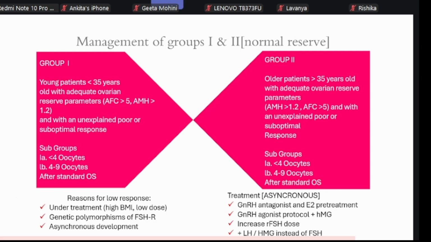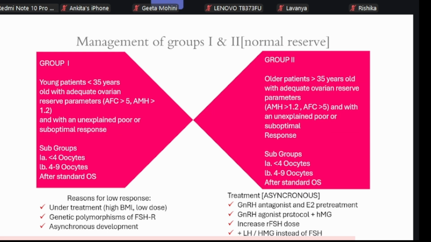So in group 2 patients, these are older patients with good ovarian reserve. In this, we can go with the antagonist protocol with estrogen pre-treatment. So whenever we get an asynchronous cohort, we can start estrogen in the previous cycle so that we get a synchronous cohort on day 2.